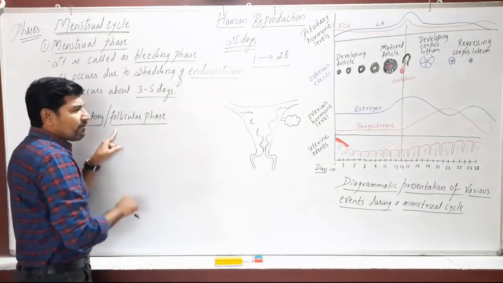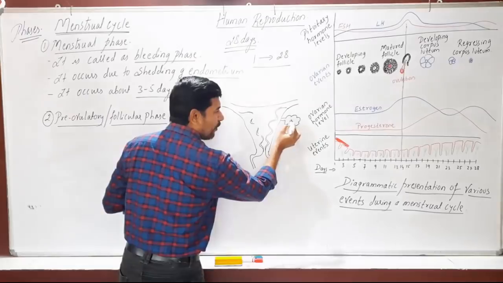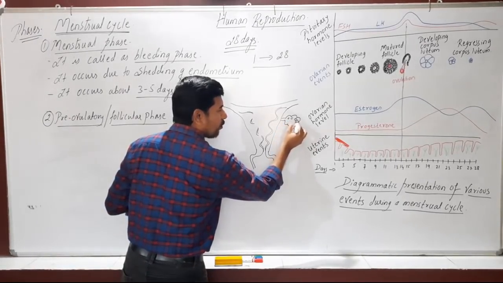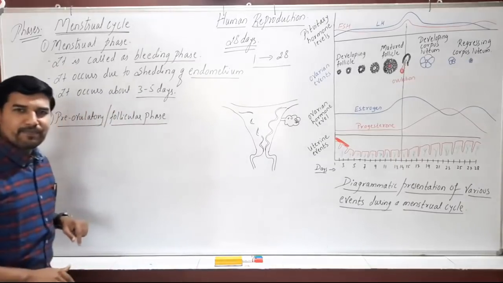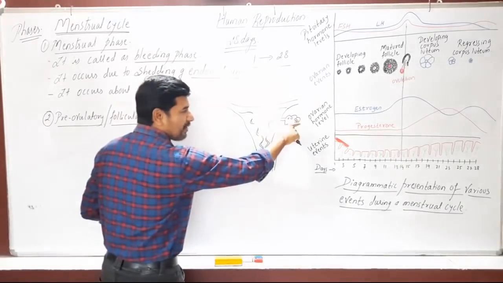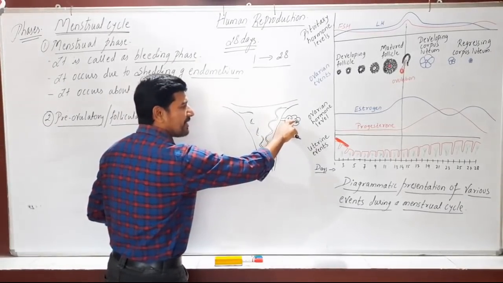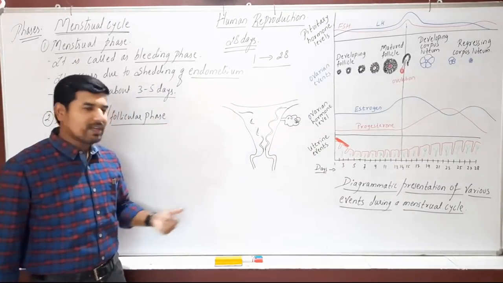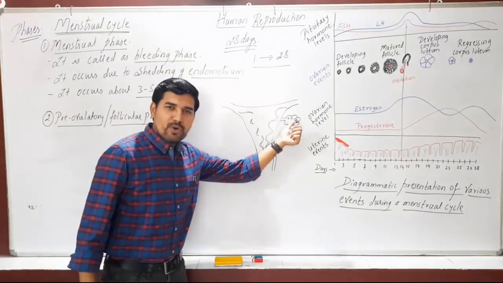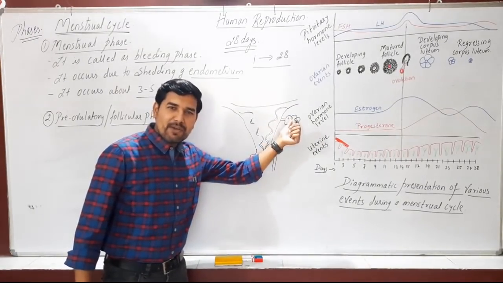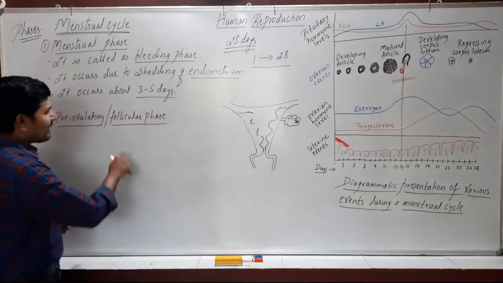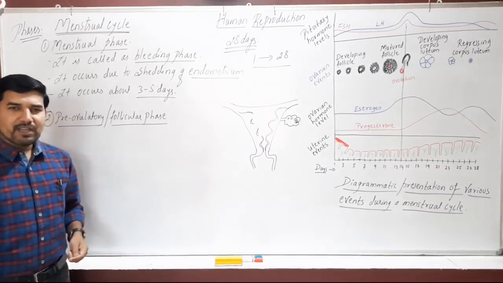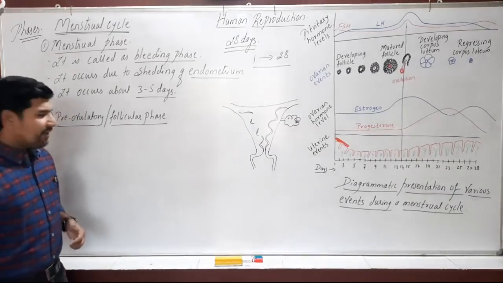So during the follicular phase, inside the ovary, the follicles grow to form a matured follicle. These follicles are called primary follicle, secondary, tertiary, as well as the matured follicle, which is called the graafian follicle. These follicles should grow and develop. So that's why we call it the follicular phase. So this is regarding the pre-ovulatory phase.